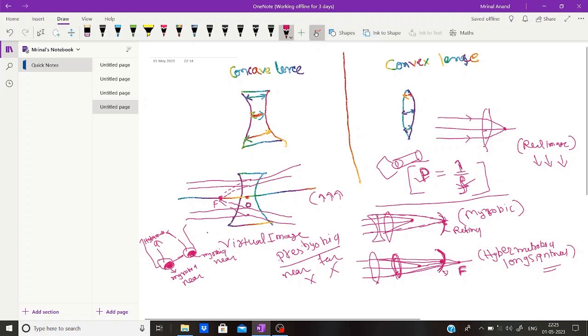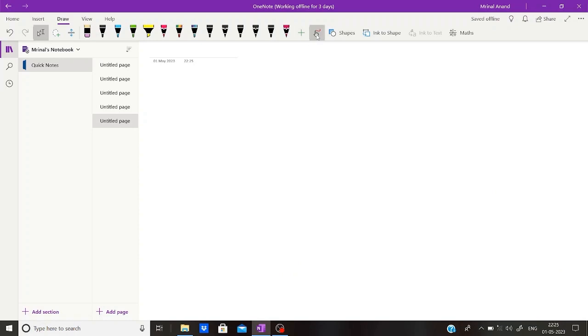Now we are going to study further about remote sensing. So we have clearly understood how the satellite is going to work.